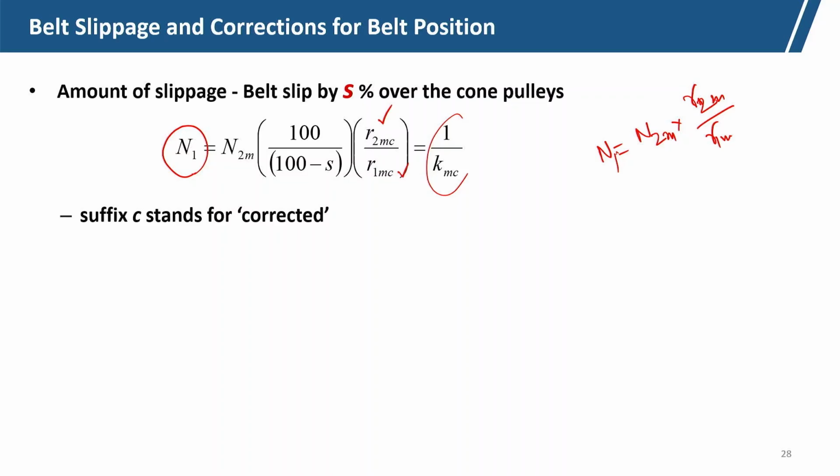This is mixed, some mistake is there. So, this will be N1m by N2m.